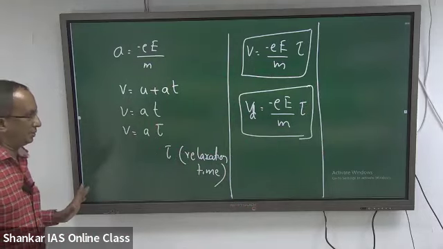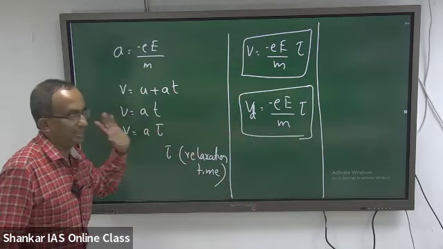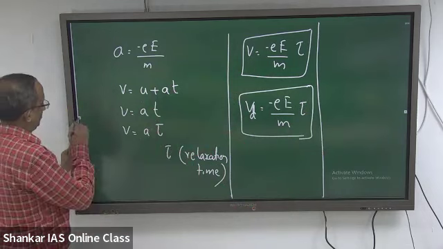Next, we are going to derive a relation between drift velocity and electric current.